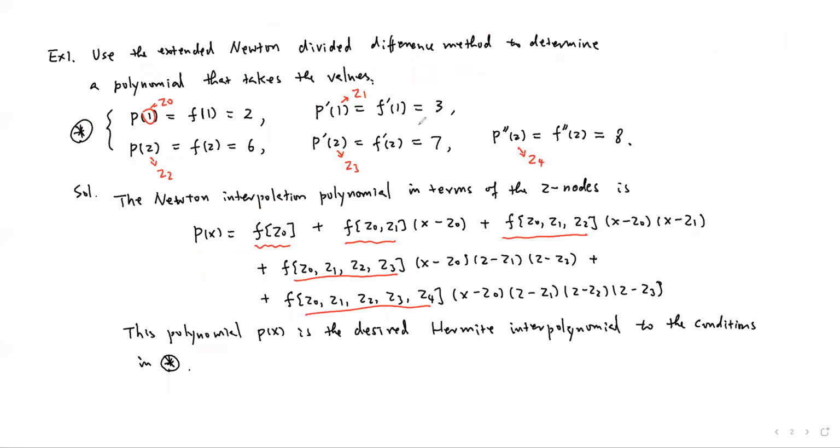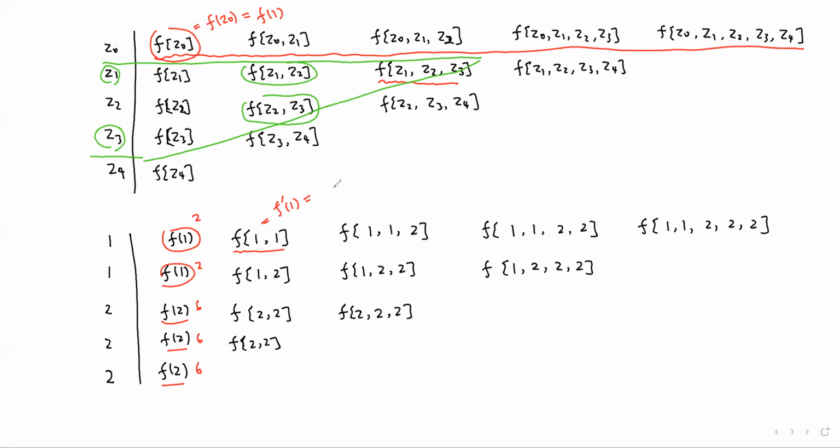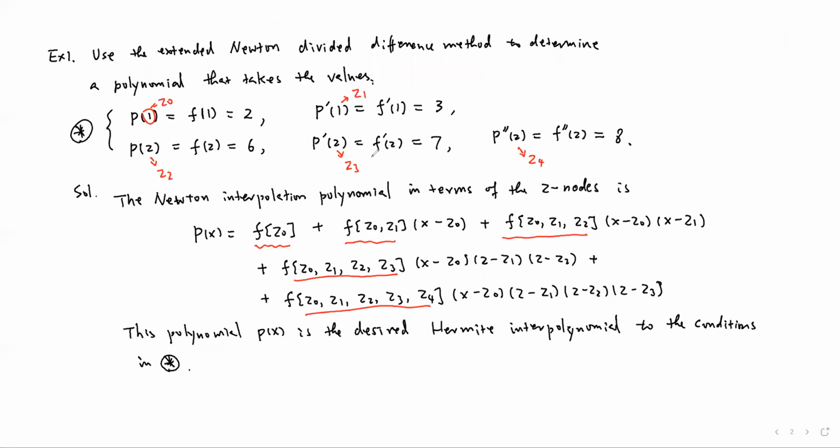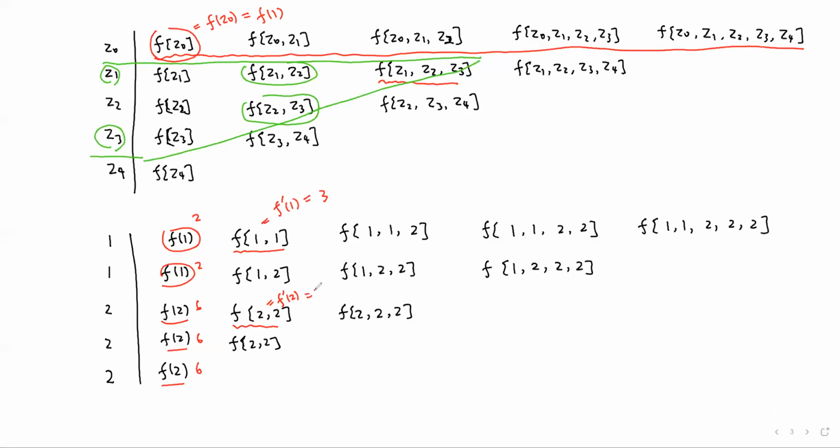Let me see, number 3. How about this? This is the derivative at 2, number 7. So this is 7, also 7, this is 7, right?